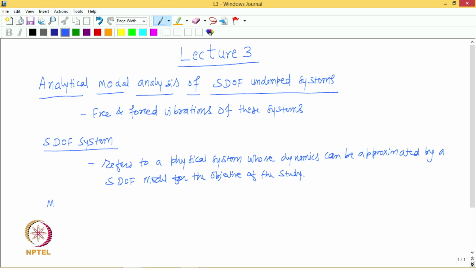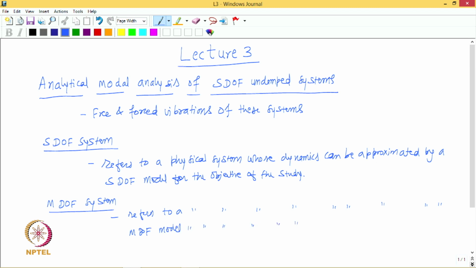Similarly, a multi degree of freedom system refers to a physical system whose dynamics can be approximated by a multi degree of freedom model for the objective of the study, right.